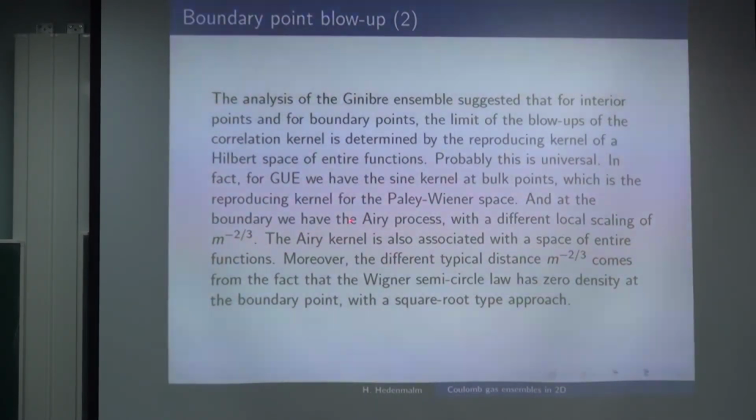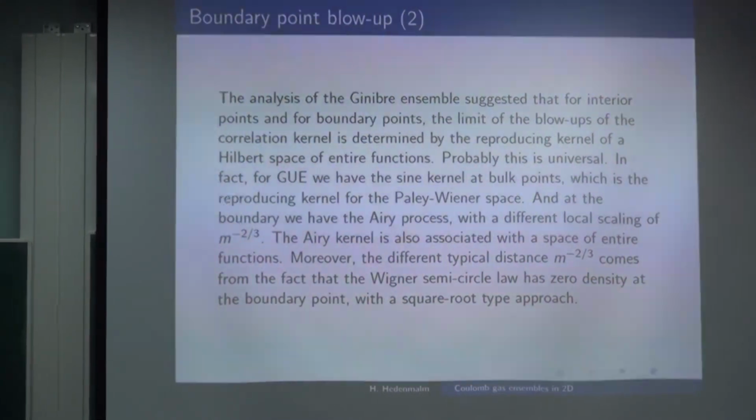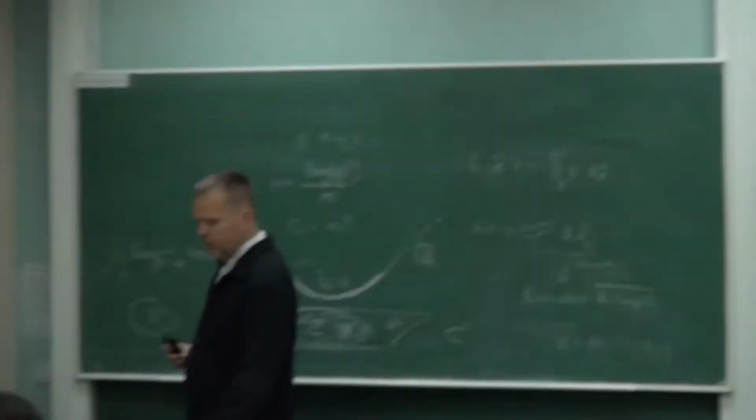Now, at the boundary, we also have the Airy process in that case, but then the scaling is a little different. Why it's a different scaling has to do with the fact that in that case you have a lower density of points near the boundary.